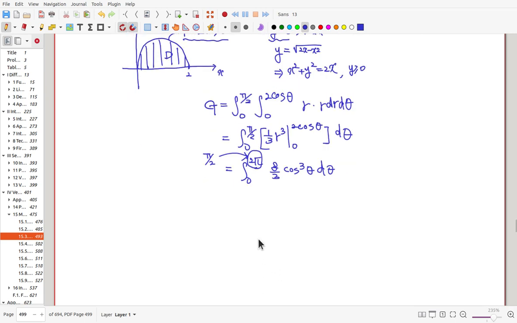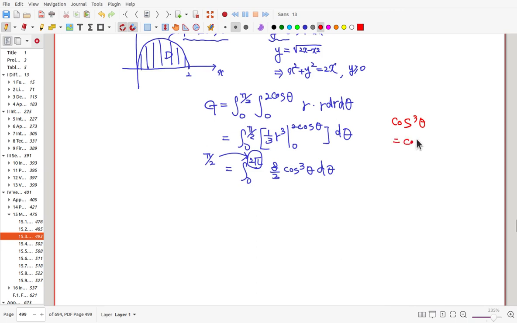Now, how can we get the integral? We consider cosine cubed theta, a typical technique.